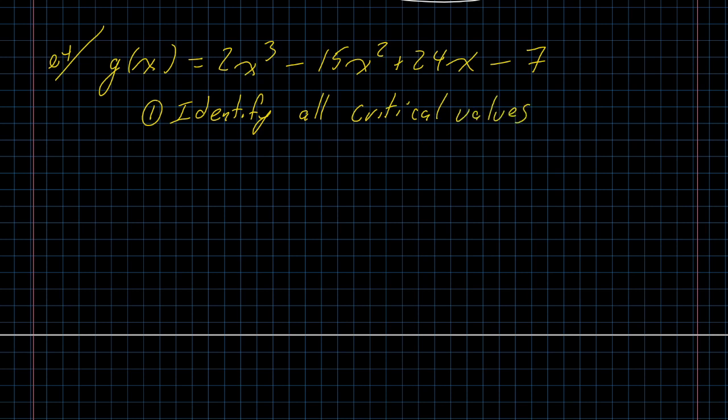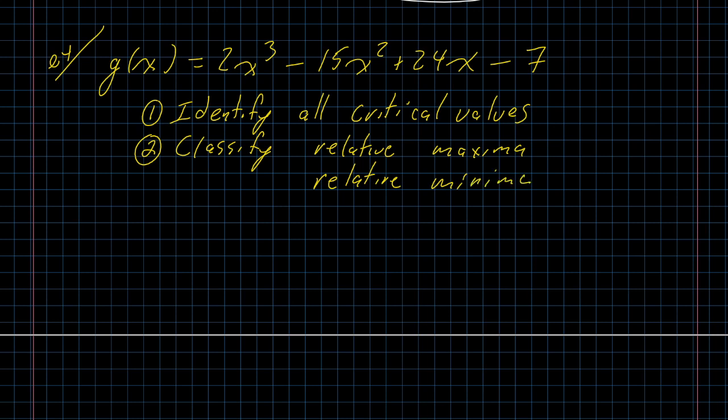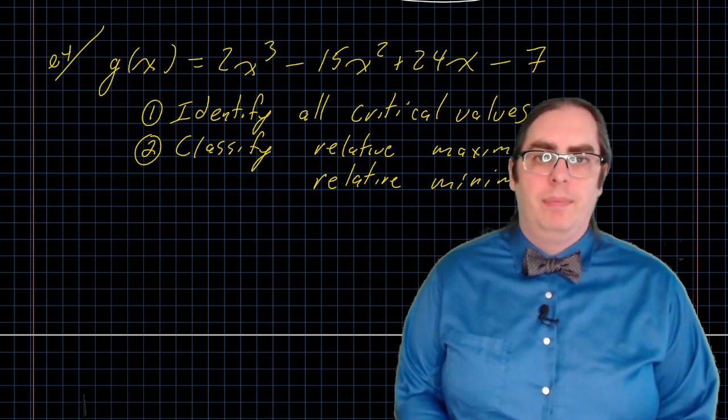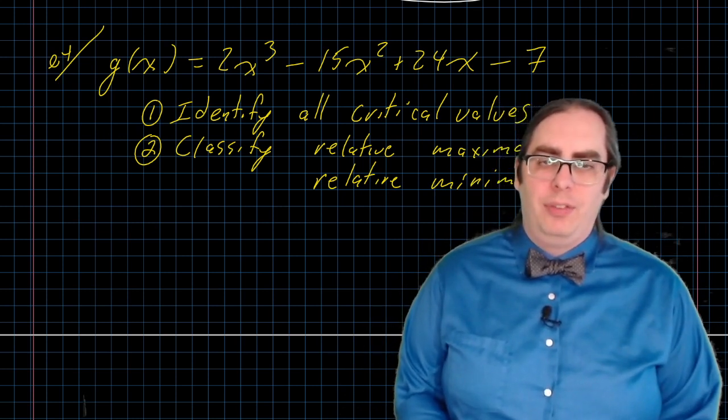I would like you to identify all critical values and then classify relative maximums and relative minima. All right, take a couple of minutes, see what you can do with that one, and I'll see you in the next video.